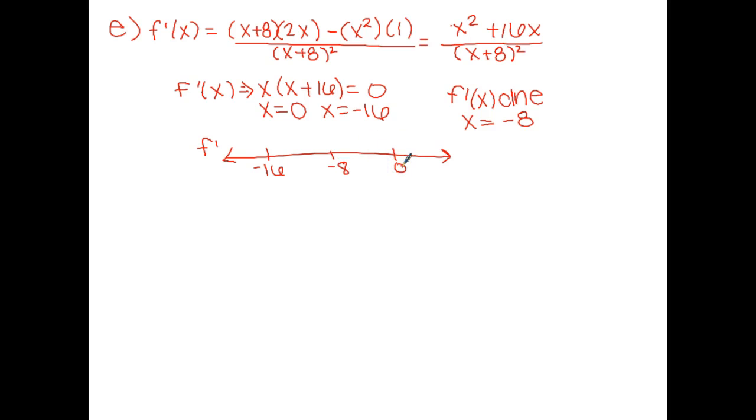Find out what's happening around your critical points. It doesn't exist today. So what I did is draw in my vertical asymptote, if I haven't already put it on the graph. Because what's that going to tell you about plugging in numbers to the left and to the right of it?